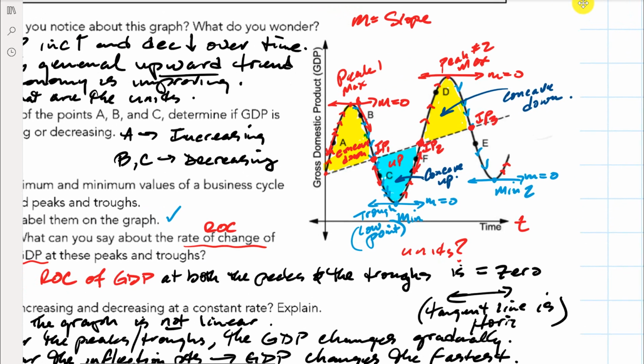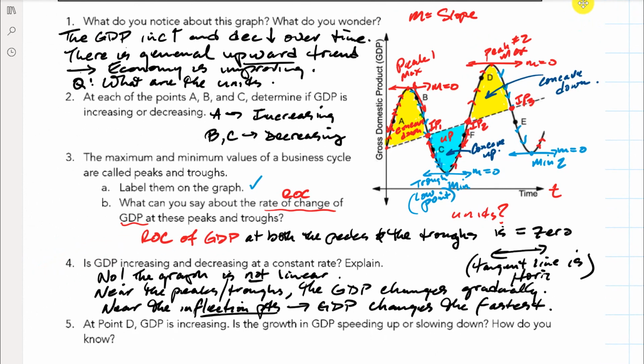We'll formalize this later and write that down specifically, but that's basically what's going on in the graph. So you have to identify those inflection points, because that's the fastest rate of change, and then it either speeds up or slows down after that.